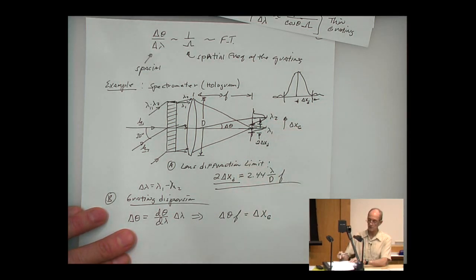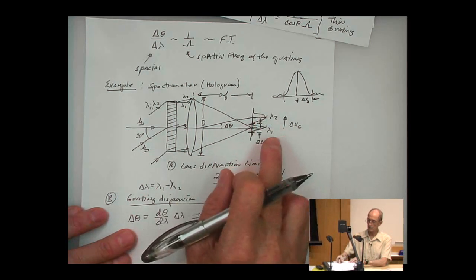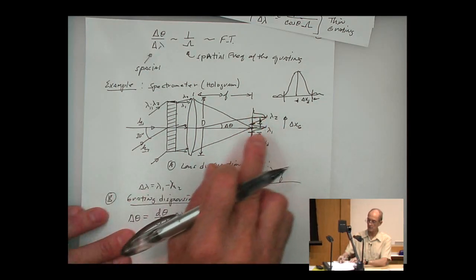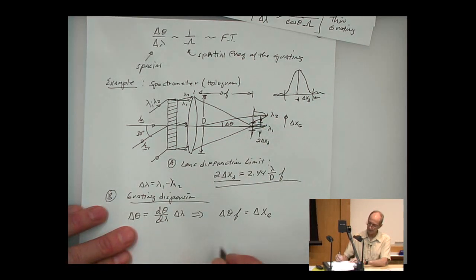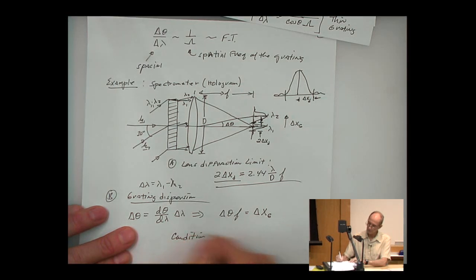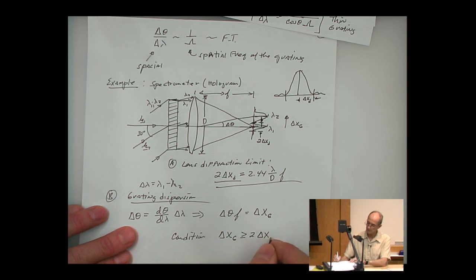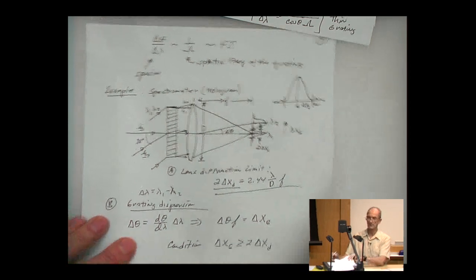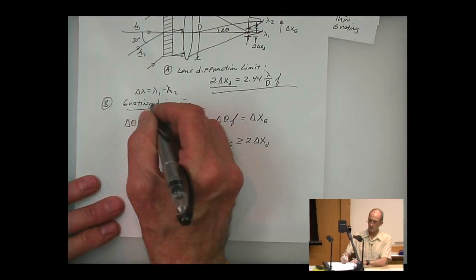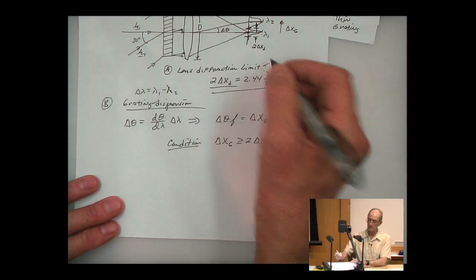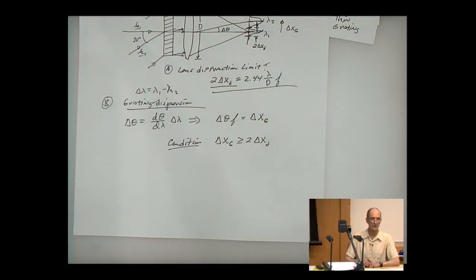And in order for us to distinguish these two diffraction patterns the way I've written them here, where the null of the one pattern falls on the null of the other, we have to have the condition that delta x_g is greater than or equal to 2 delta x_d. So all we're doing with this condition is matching the grating dispersion with the size of the diffraction limited spot that we have for that lens.